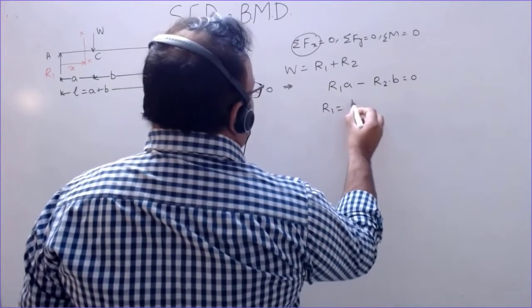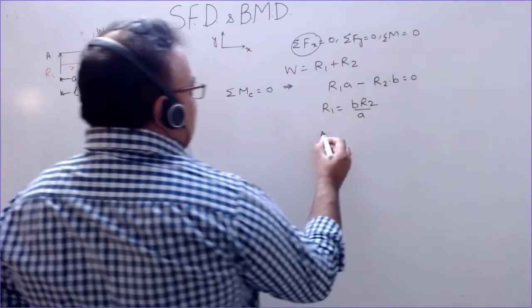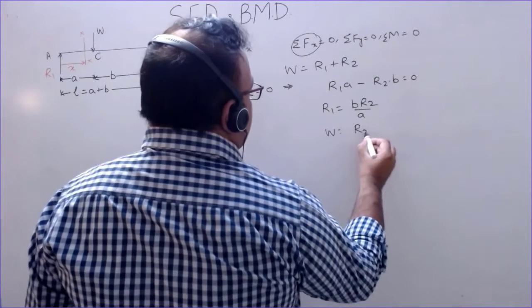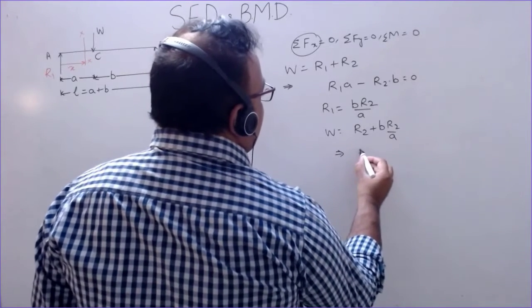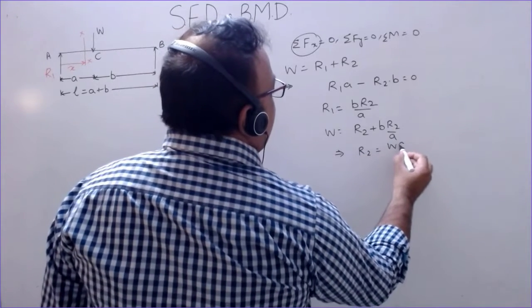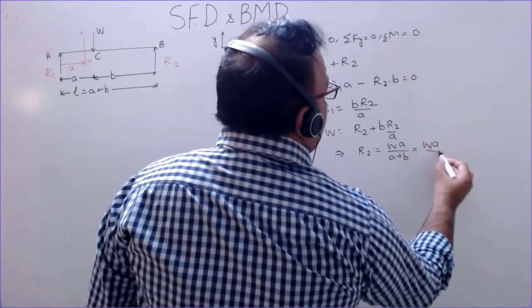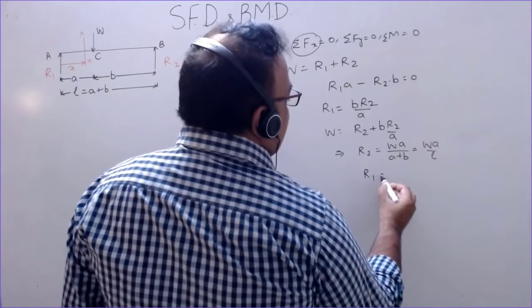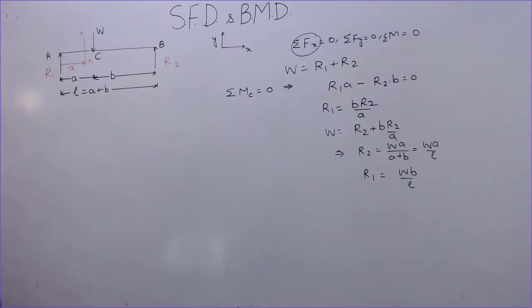So R1 is B R2 by A, and using W equals R1 plus R2 and putting the value of R1 here, this gives us R2 is WA divided by A plus B, which is WA by L, and similarly R1 is WB divided by L. These are the reactions which we have found.